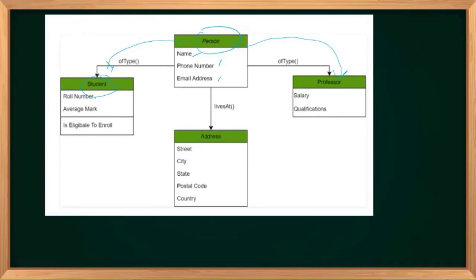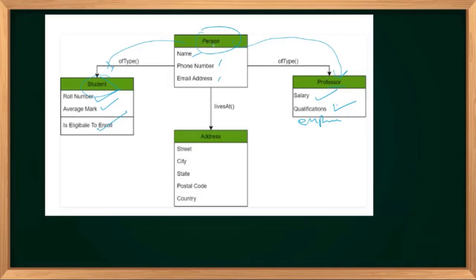Students have a roll number, average mark, and eligibility to enroll. These are the constraints, properties, or attributes of a student. A professor instead consists of salary, qualification, experience, etc. These are the qualities of a professor.